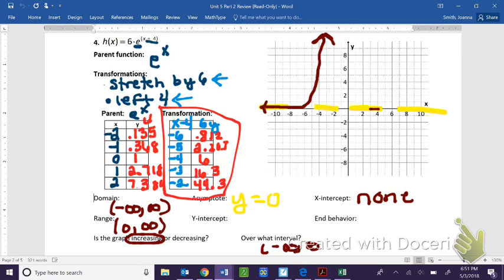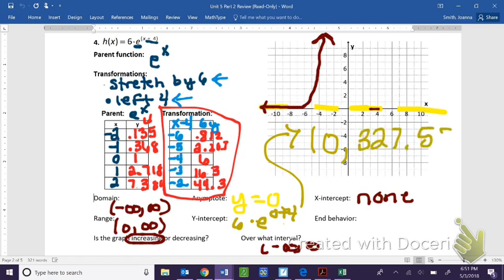You take 0 and plug it in place of x. So, 6 times e to the 0 plus 4. You do all of that work, you just plug it in, and you'll get that the y-intercept is (0, 327.589).